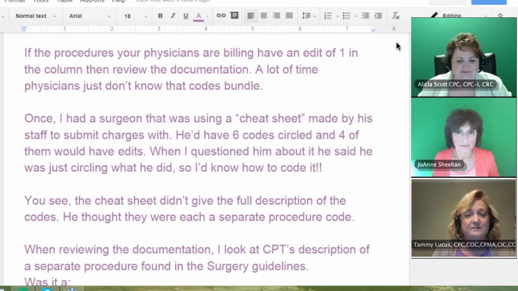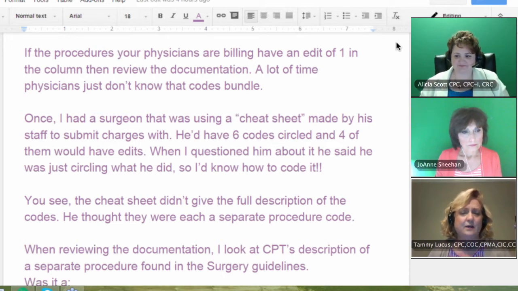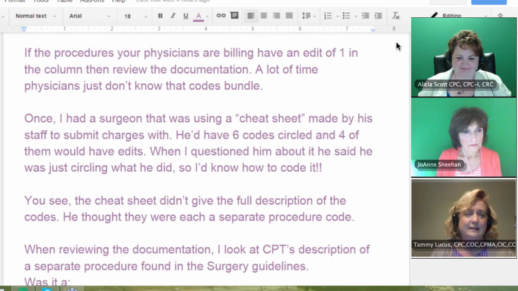A lot of times physicians just don't know that codes will bundle together. And I put a little example in here. I had a surgeon one time who had a little cheat sheet that his staff had made, and he was using it to submit charges to us. He'd have like 6 codes circled, and when we put them in, we'd get edits on 4 of them.